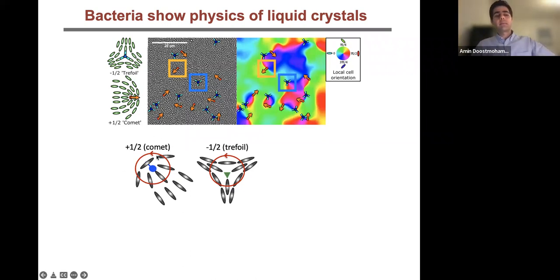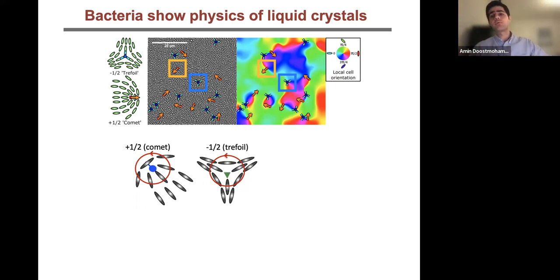We have a plus half, where the charge of the defect comes from this: if I take a 2 pi rotation around the core of this singularity, then the direction of my bacteria rotates by pi, and that is a plus half defect. If I take a 2 pi counterclockwise rotation around the minus half, then the orientation changes by minus pi, so that's called minus half charge.